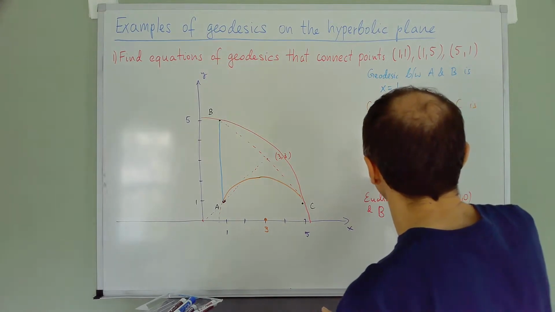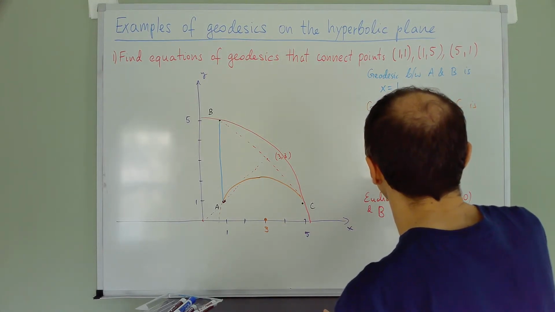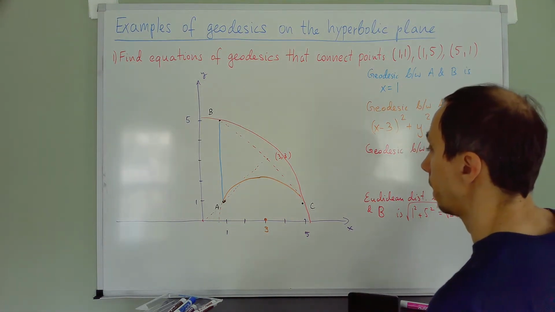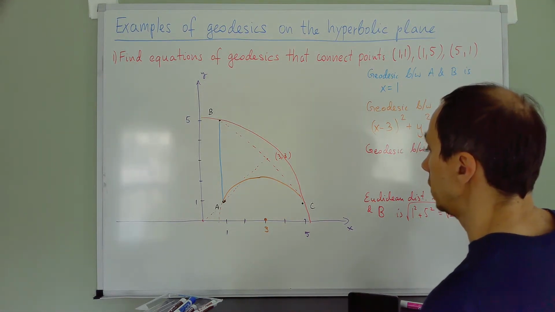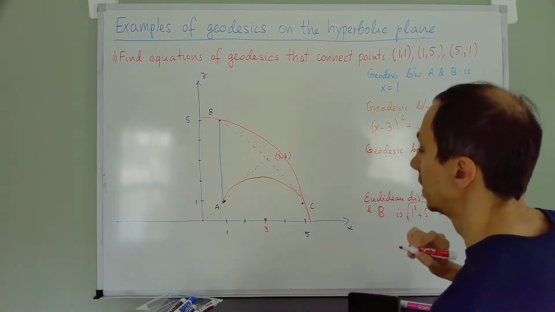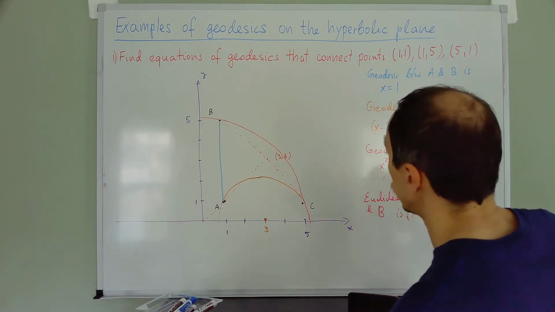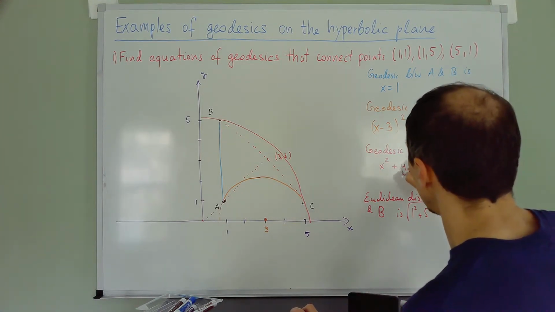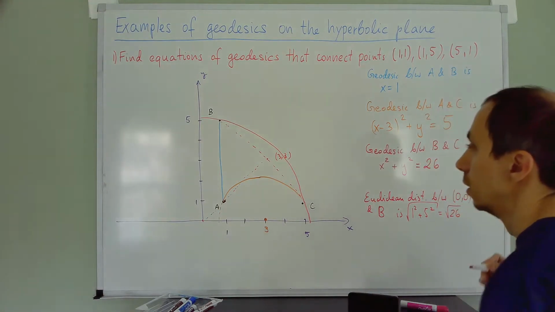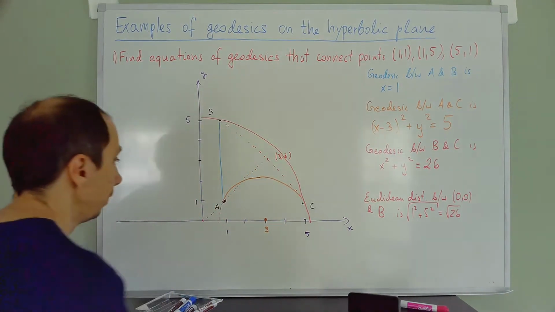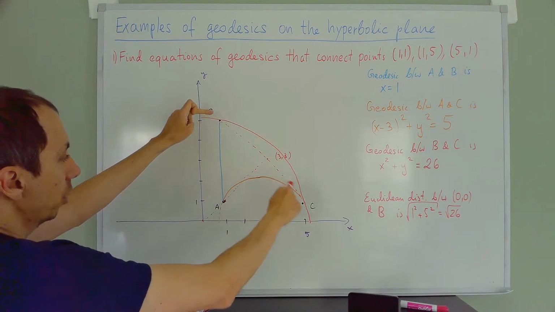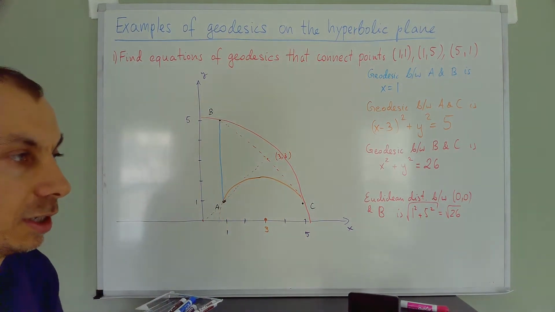So the geodesic between B and C is x squared plus y squared, because that's a circle centered at the origin, is equal to 26. So here's another hyperbolic triangle. The solid curves give you hyperbolic triangles.